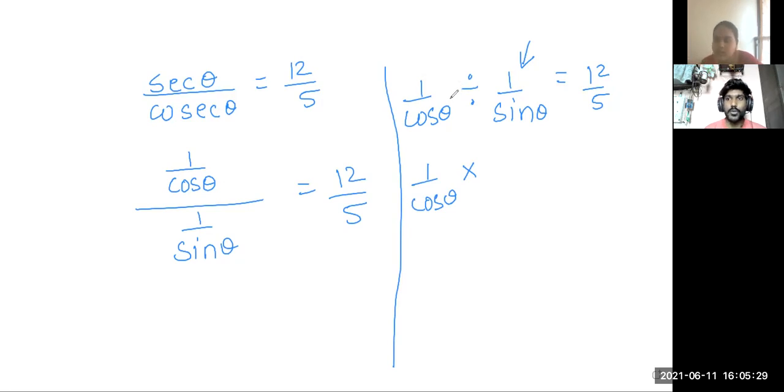It will change because this is in the denominator here. See, this is a numerator, this is a denominator. And in the numerator, there is again a fraction. And in that fraction, cos theta is in the denominator. Again, in the denominator, again there is a fraction. Are you understanding what I'm trying to say?